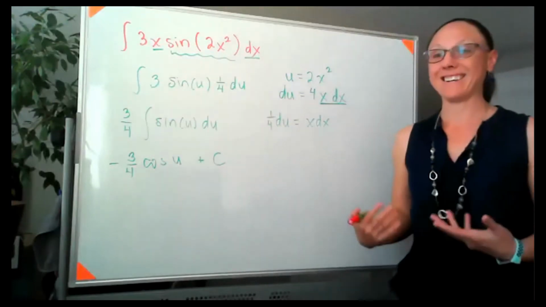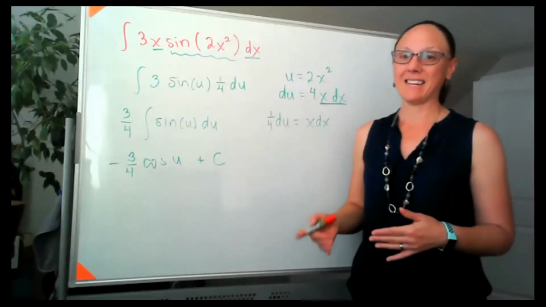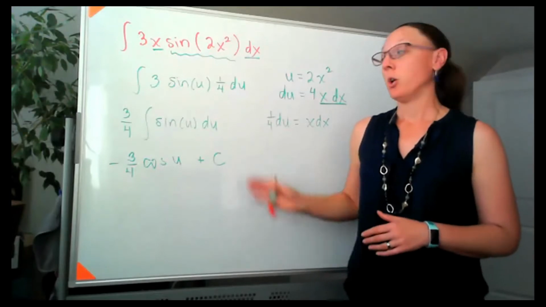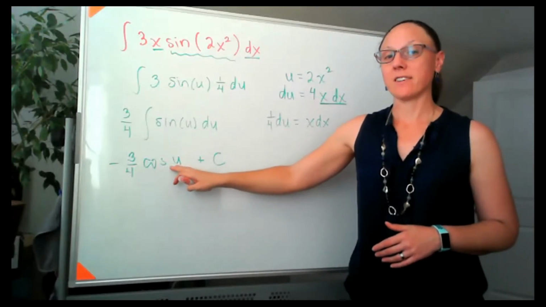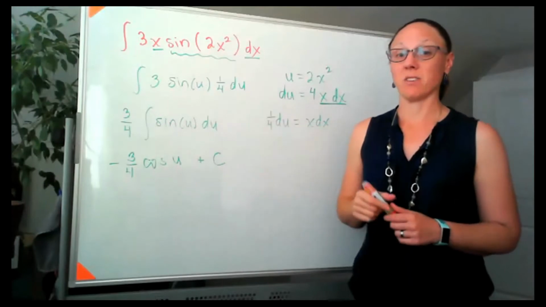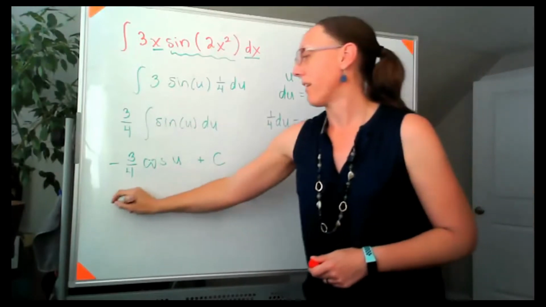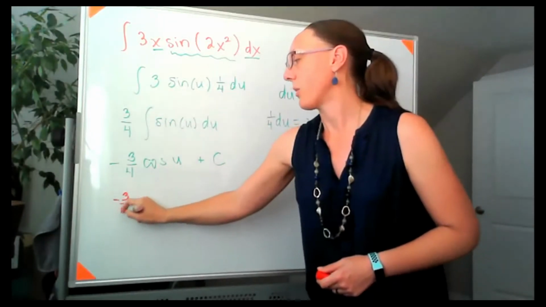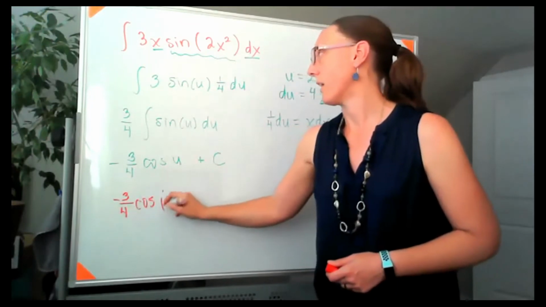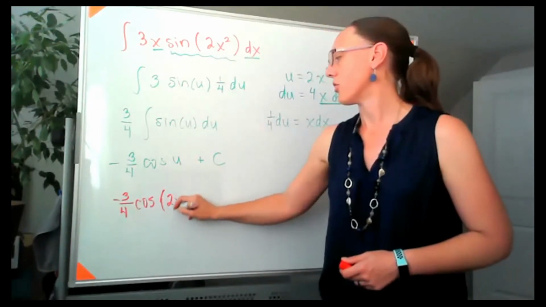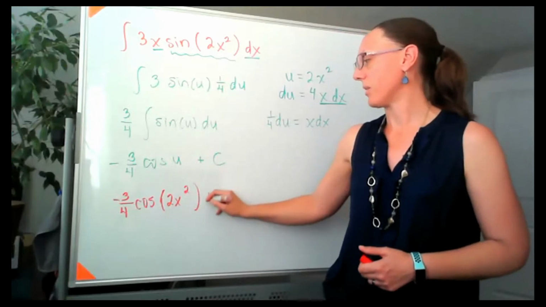So this was not a definite integral. It's an indefinite integral, which means I need my final answer to be reported back in terms of x. So my final answer is going to be negative 3/4 cosine of 2x squared plus c.